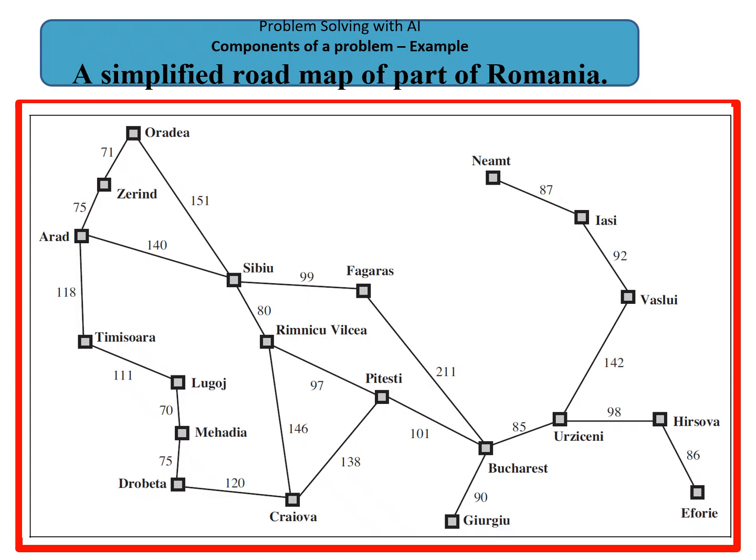The total path cost is the sum of the distances, which we can calculate. For each calculation there will be a range of kilometers, such as 450 or 420. In the state space representation, all possible states that can be traversed, all possible transitions via the roads, and all possible paths can be calculated to find the exact goal using different concepts like BFS, DFS, UCS, greedy search, or A star search.